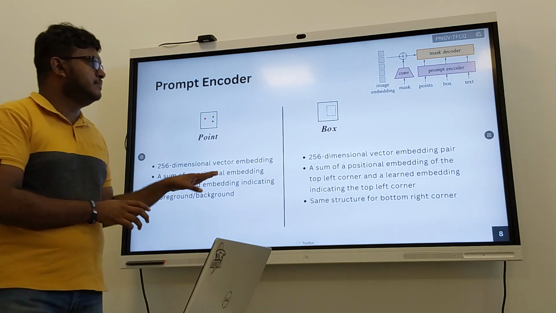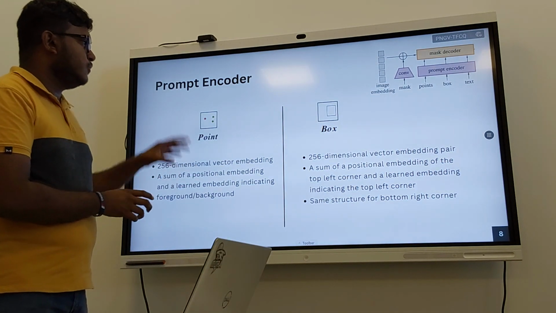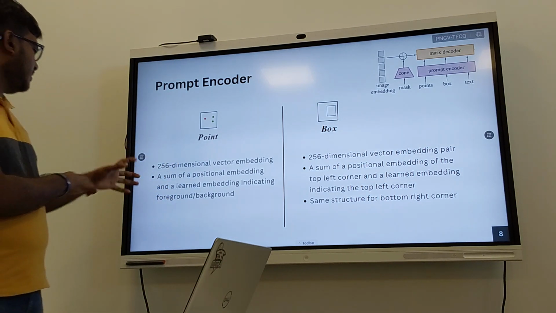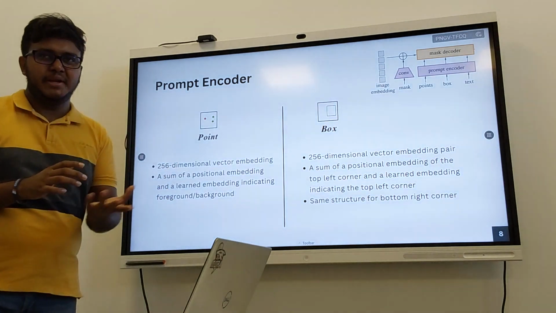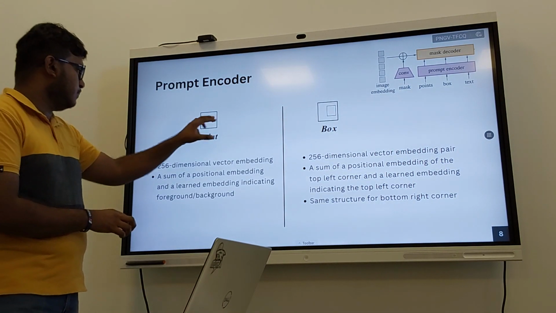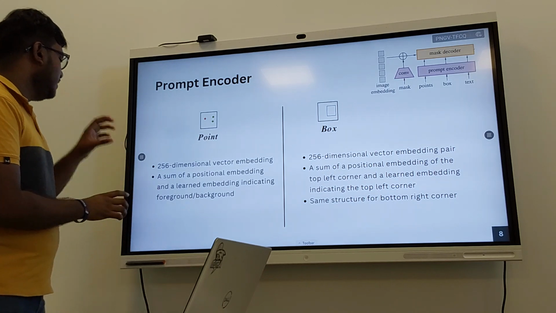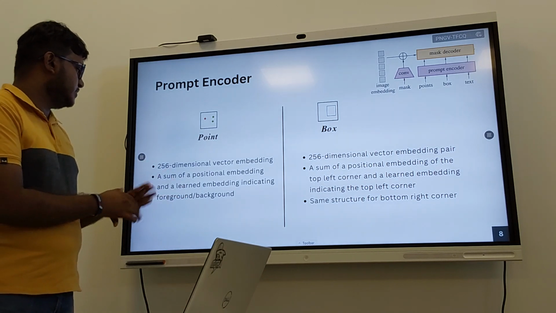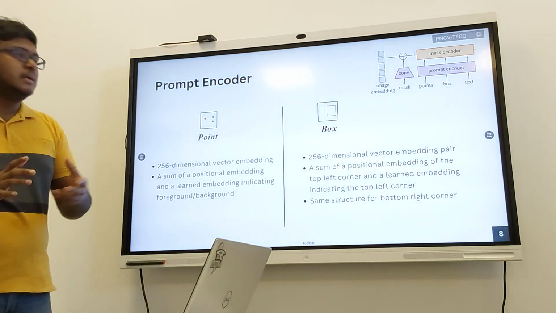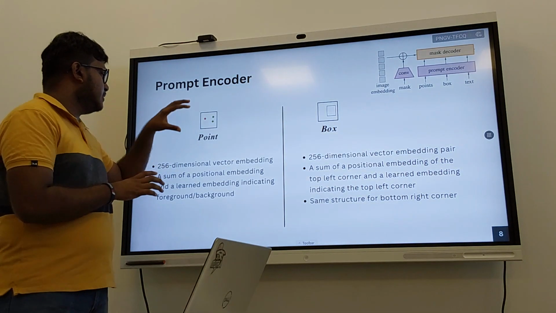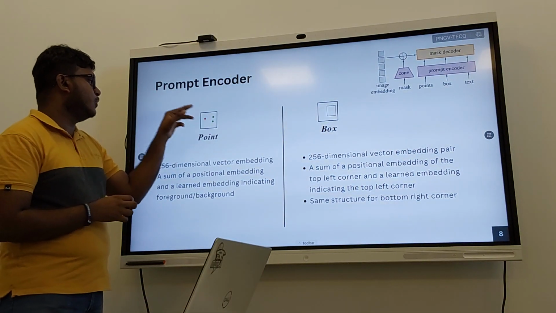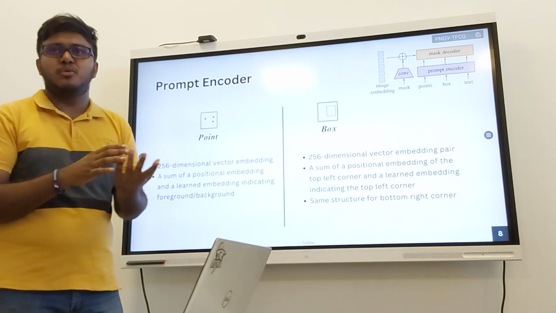So for a point prompt, they are generating a 256 dimensional vector embedding. For a point, the embedding is the sum of a positional embedding and a learned embedding indicating foreground or background. What that means is, as you can see in the demo, we can give the points as foreground or background.